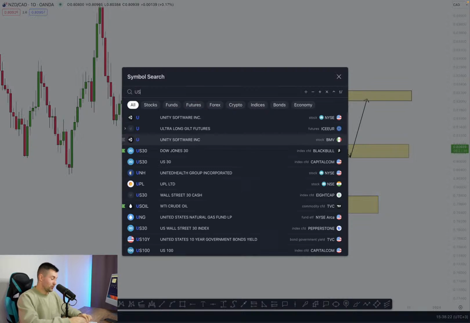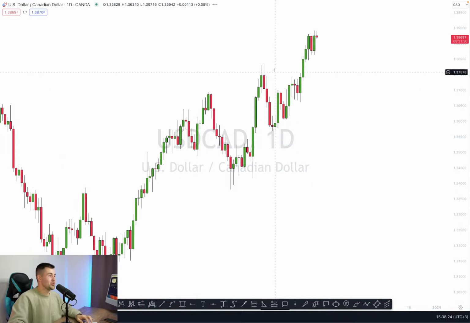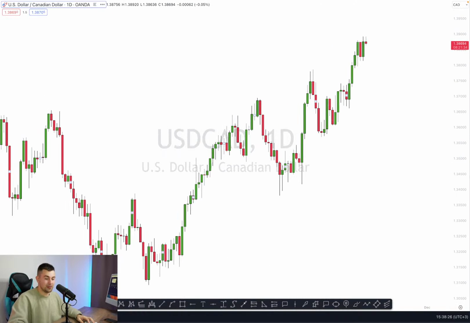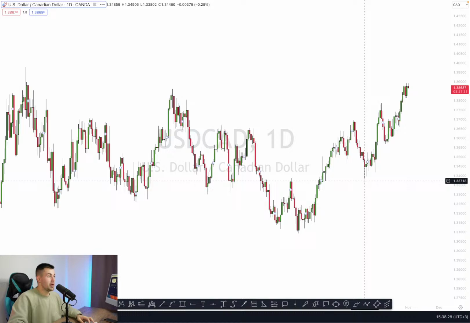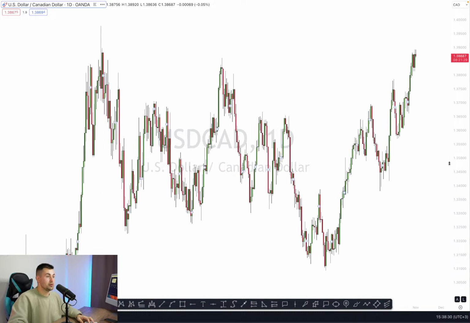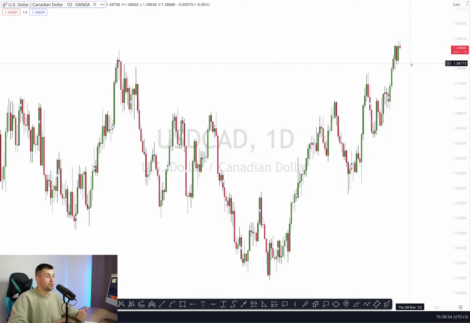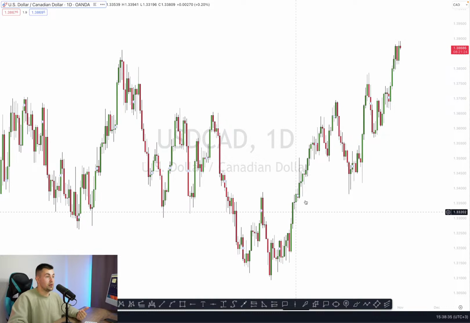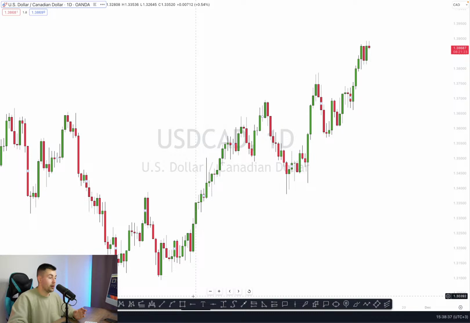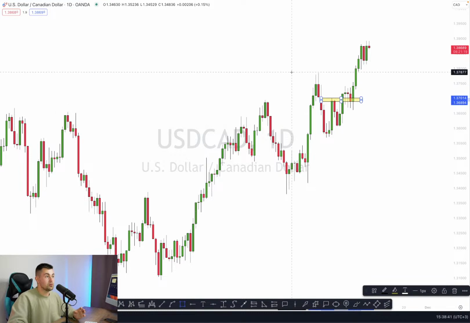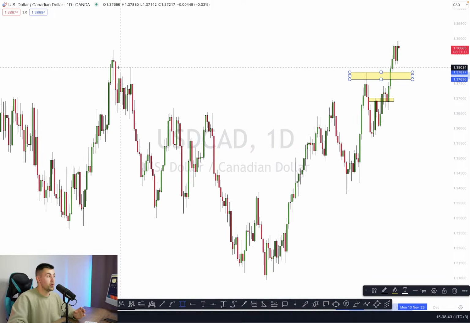And now also I see some questions about dollar CAD. So let's analyze dollar CAD quickly and look for the clues here. So dollar CAD is basically unstoppable. Yes, and if you check how dollar CAD was trading here, you can see that dollar CAD was breaking the structures one after another.